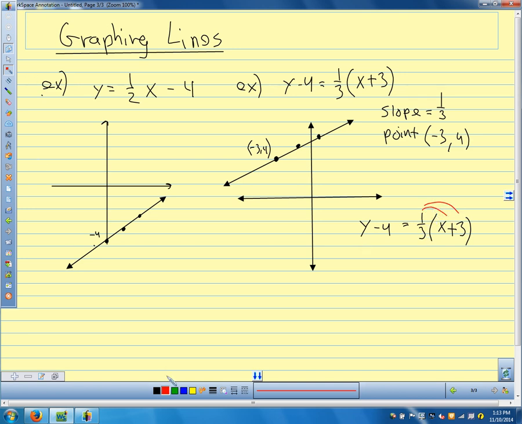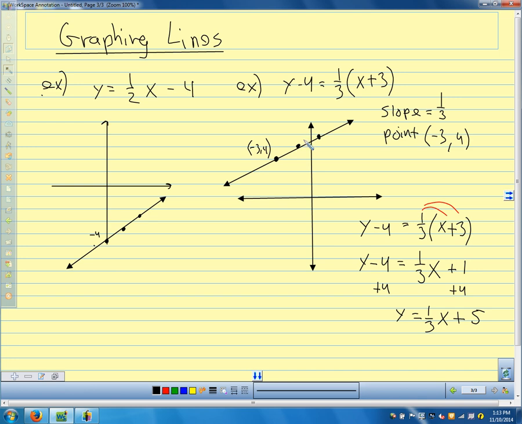Yeah. And then I get y minus 4 equals 1/3 x. That's our slope. And 1/3 times 3 is, what is it? It's just 1. 3 divided by 3 is 1. Add 4. y equals 1/3 x plus 5. So now we know our intercept here is positive 5.